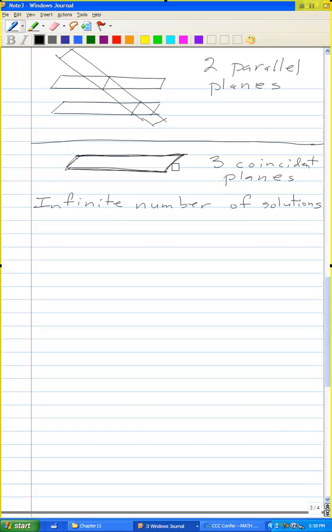And so the solution is every point on that plane. Well, I'll say that this is the case of a dependent system. And these, of course, are also coincident. Consistent. So it's a dependent system that's also, of course, consistent.